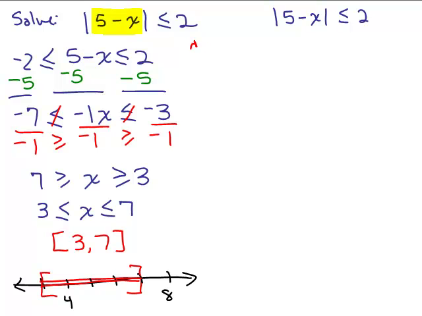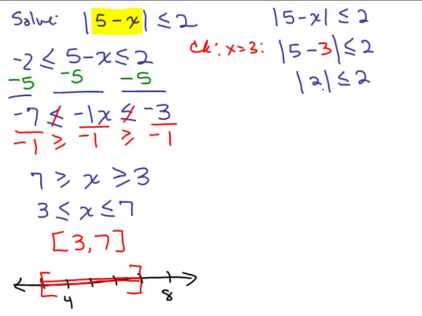First let's check the left endpoint, x equals 3. So we're going to plug in 3 for x. So I have 5 minus 3, less than or equal to 2. And we're trying to find out if this is really going to be true. 5 minus 3 is 2.